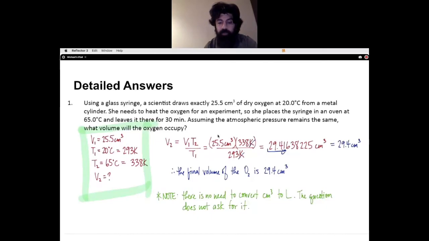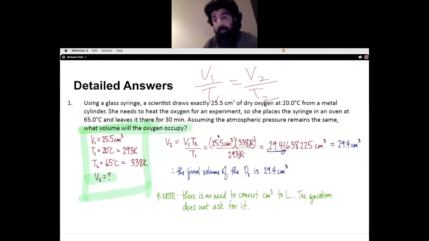We've got a V1, a T1, a T2, but the question asks what volume will the oxygen occupy? That's our V2. So we think back: which one of the formulas are we using? We're using Charles's law, V1 over T1 equals V2 over T2.